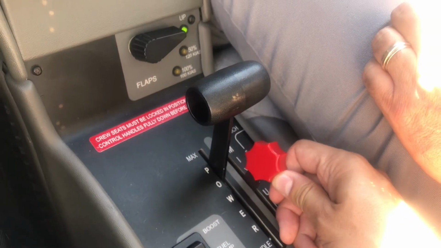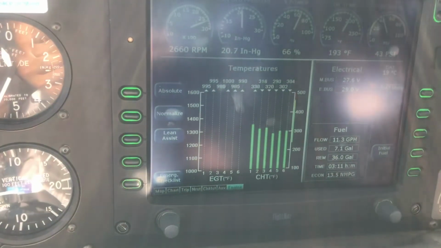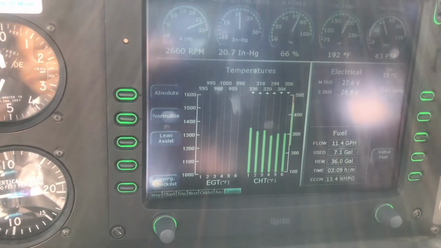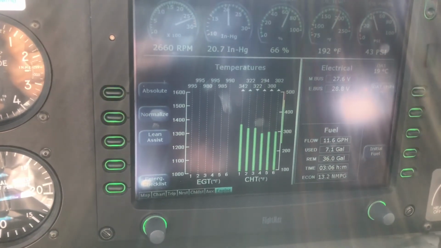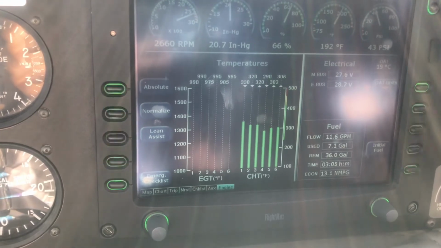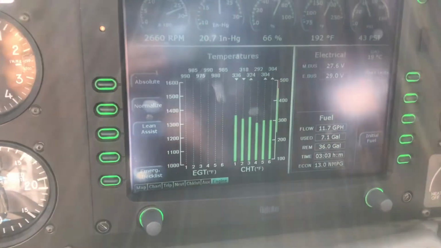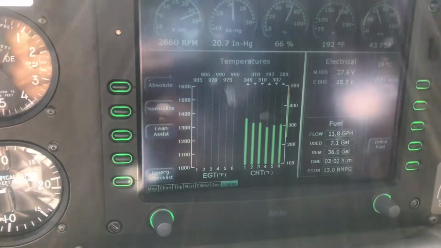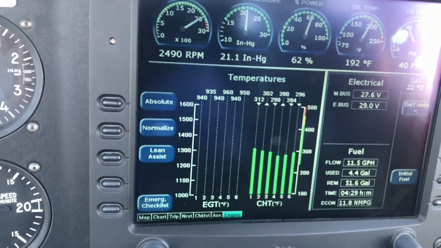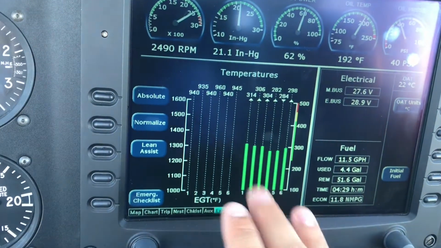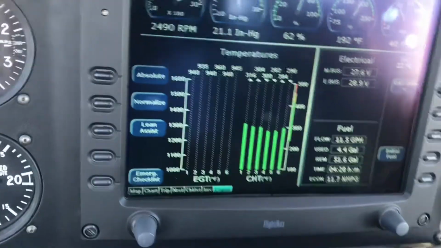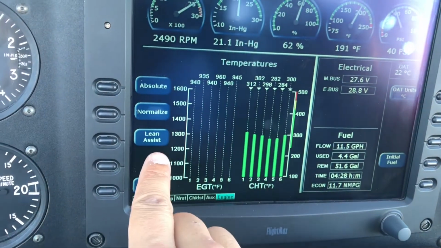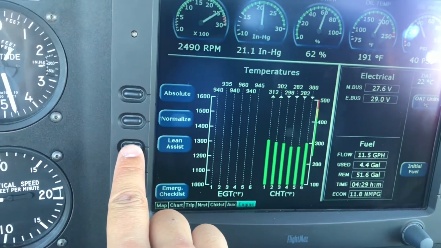If I enrich the mixture, those numbers will start to decrease. There's a decrease in the exhaust gas temperature. Now that you are becoming an expert on the CHT and EGT and all that stuff, peaks and so on, let's do that. So, right now, I'm going to use the lean assist.